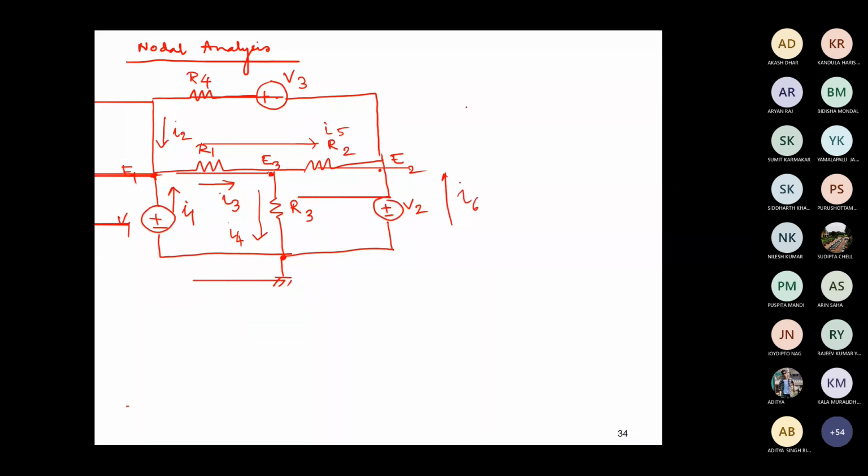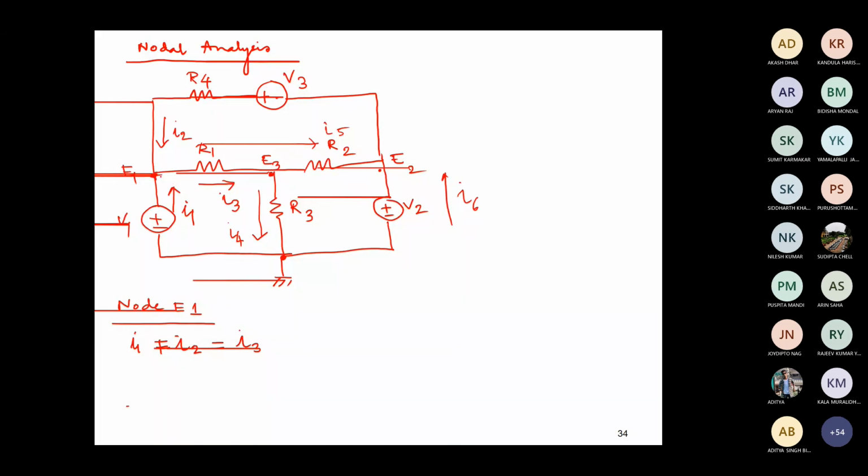Okay, so now let us take first the node E1. At node E1, we are getting I1 plus I2 equal to I3. So I1 is equal to I3 minus I2. What is your I2?